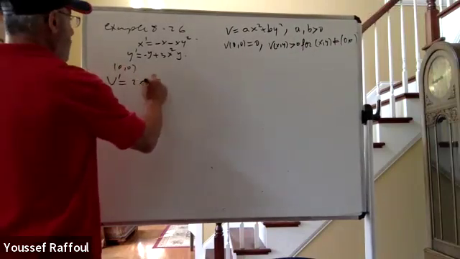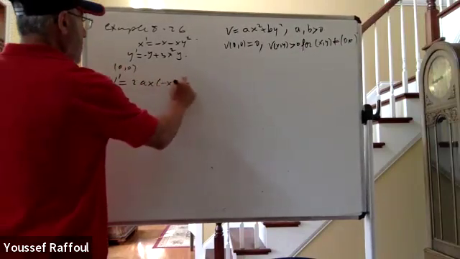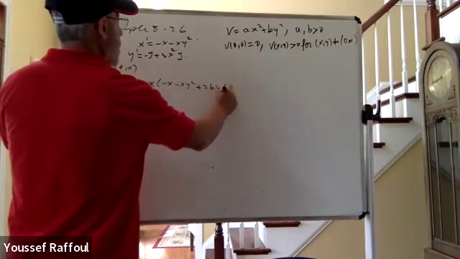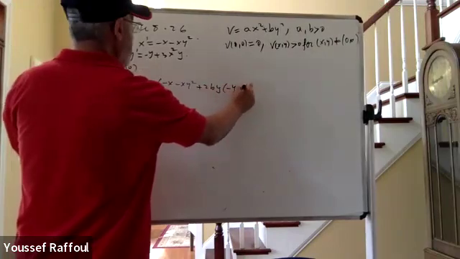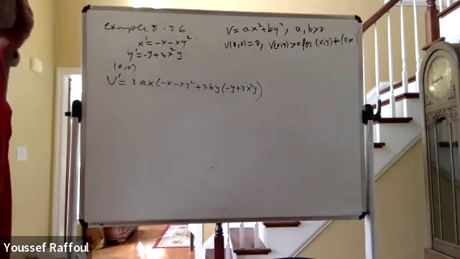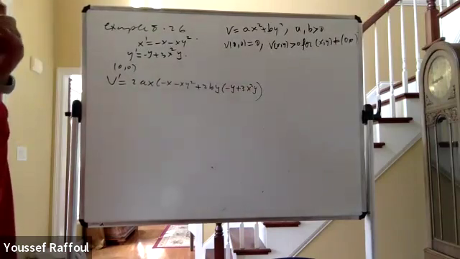All right. So we're going to find a and b. V prime is 2ax times minus x y squared plus 2by times minus y plus 3x squared y. Okay.